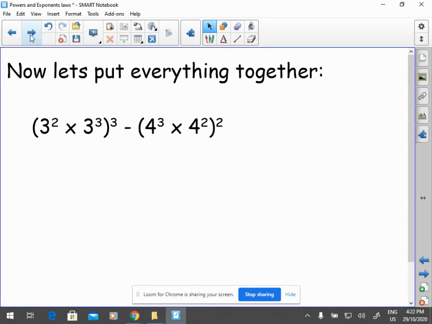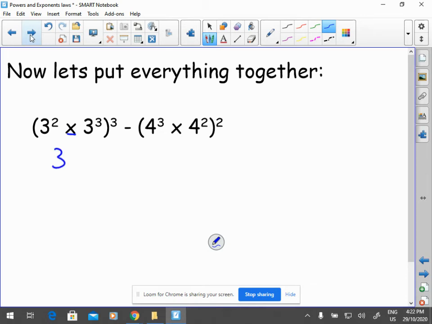Now you're going to have to put all of the things together. They will often ask you to simplify and then evaluate. So make sure as you are doing these things that you are showing all of the steps as you are working. I'm going to use our laws to solve it this time. I'm going to start by looking in the brackets, and if I multiply with the same base, I can add the exponent.